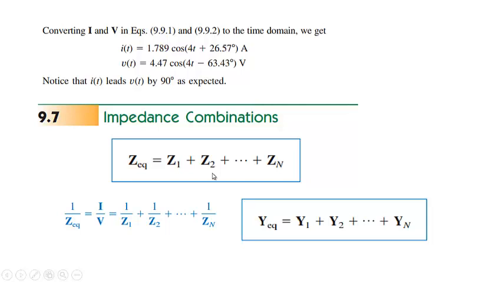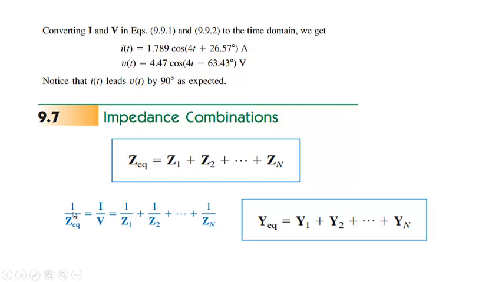So impedance combination, I will not go into the derivation. I can directly say that Z equivalent in case of series combination will be equal to the summation of the impedances Z1 plus Z2 plus up to Zn, n impedances placed in series. The total impedance will be the sum of impedances.